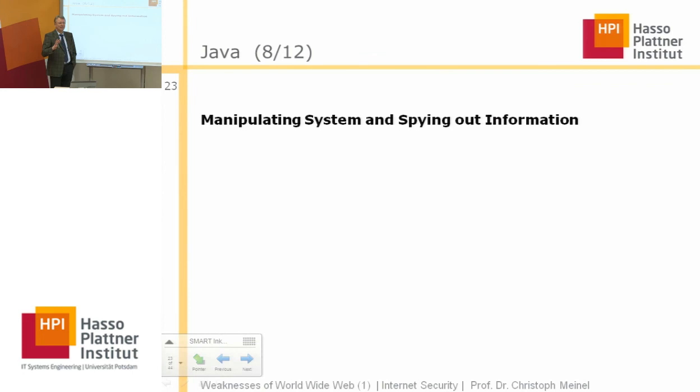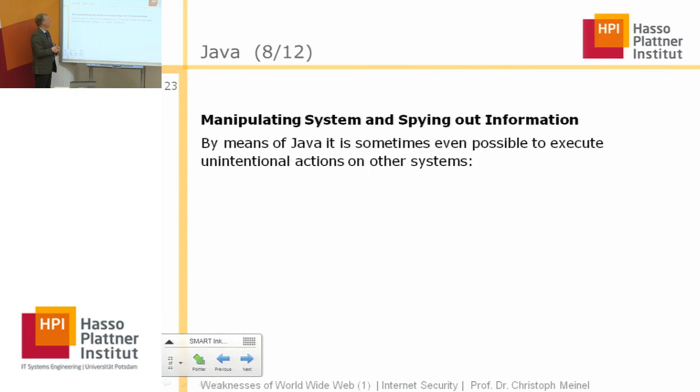The next attack scenario I mentioned, the attack goal was the manipulation of systems and spying out information. This can be done by Java, at least sometimes, in that one can perform unintentional actions on other systems.